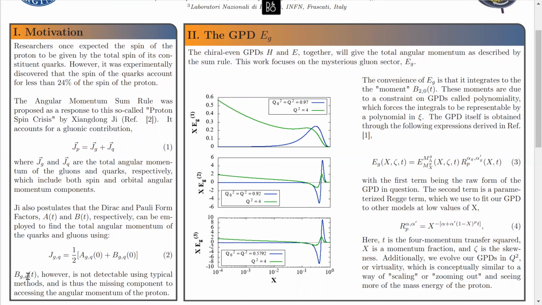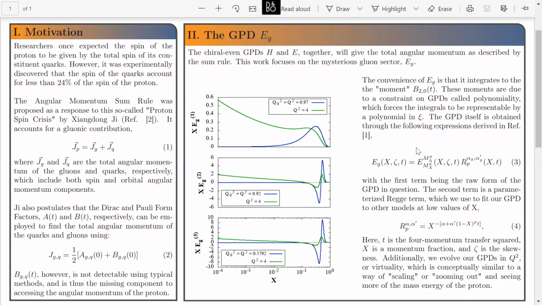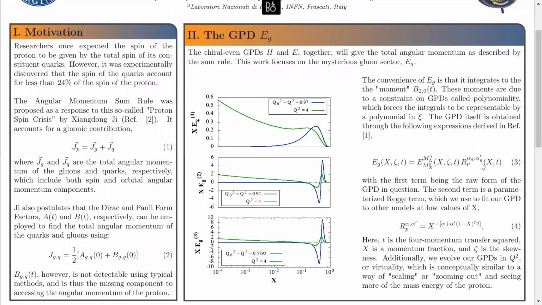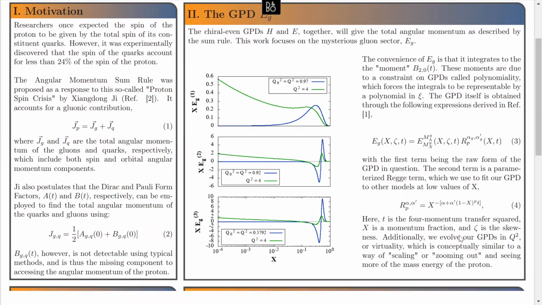The GPD itself is obtained through these expressions. This first expression is the raw form of the GPD, and the second expression is the Regge term, which we use to fit the GPD to other models. That Regge term is given in equation 4.